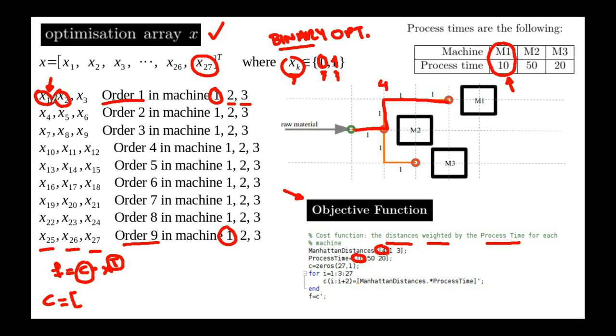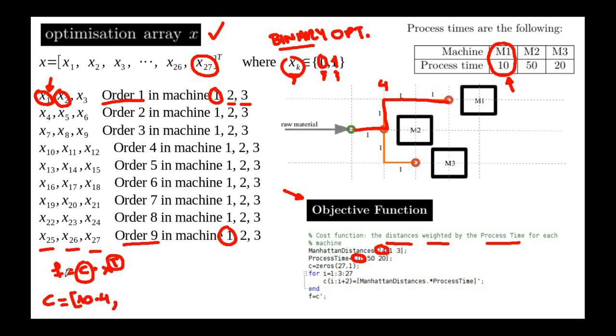And x1 contributes to the optimum solution according to this. x1 means order 1 in machine 1. So machine 1 has a process time of 10, so that's 10, multiplied by its Manhattan distance, 4.